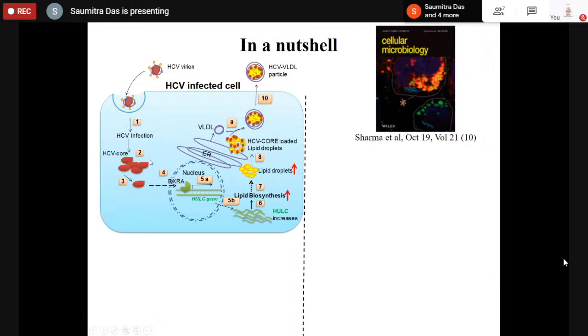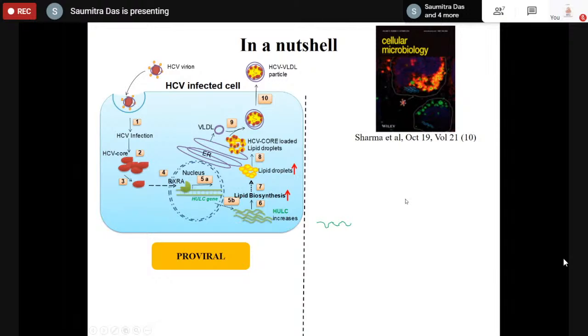So HULK, a long non-coding RNA, increases the number of lipid droplets, helps in the loading of the viral protein into the lipid droplets, and not only that, it packages the virus and then sends it out to the neighboring cells.